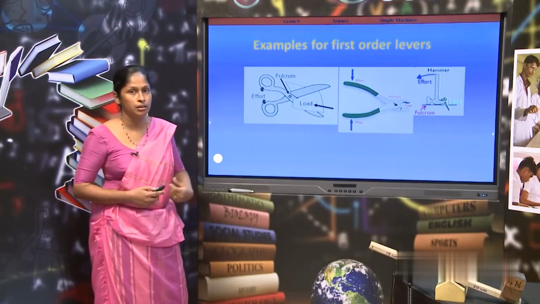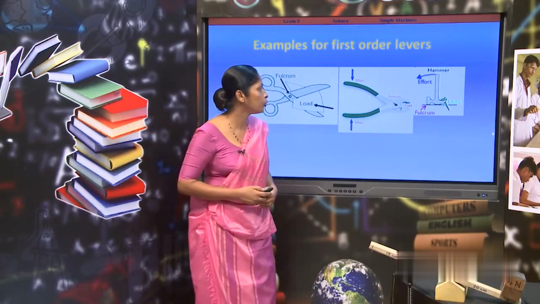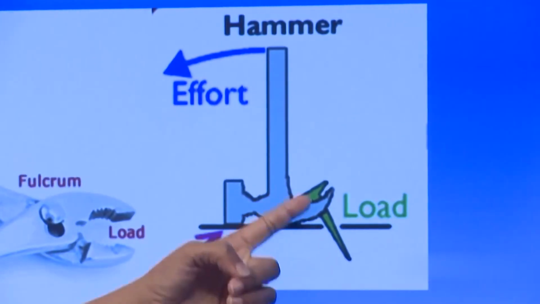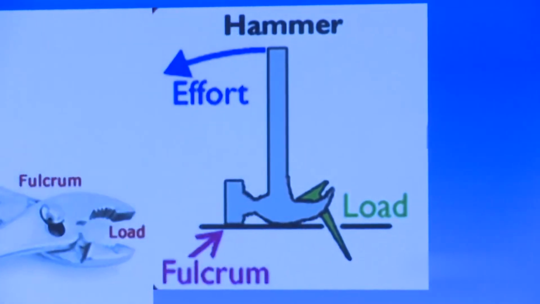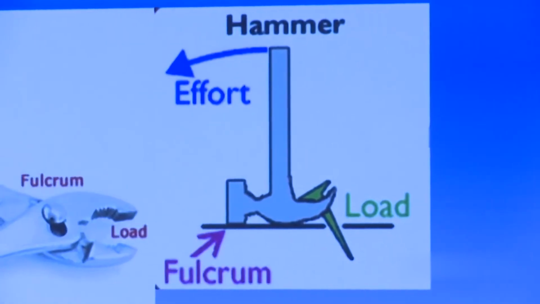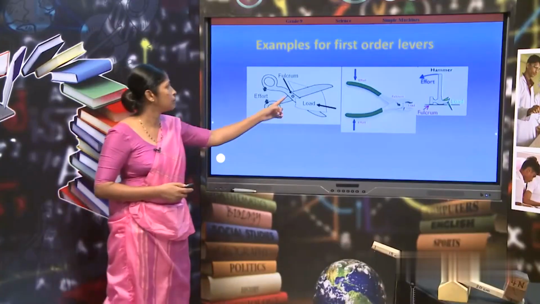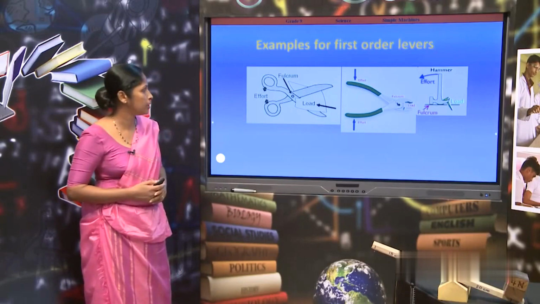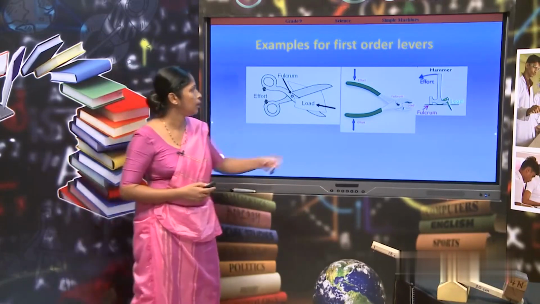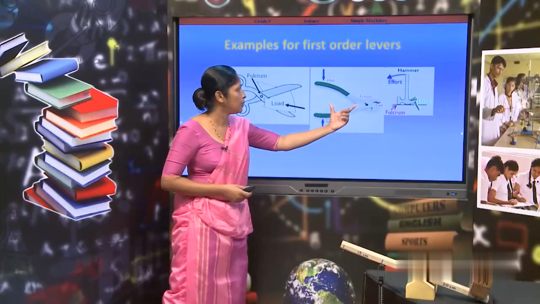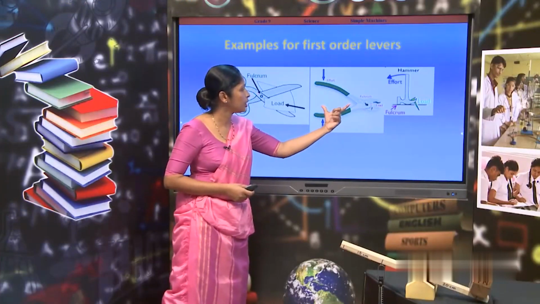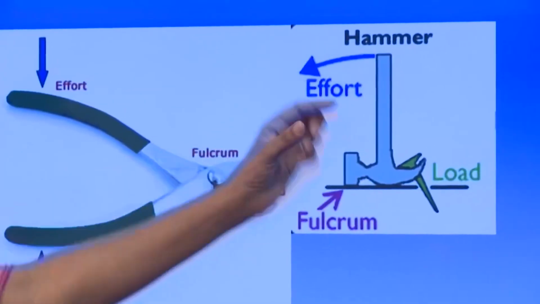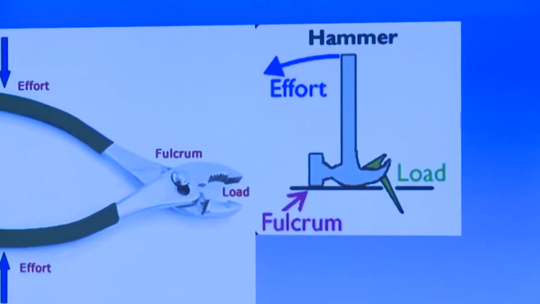And a hammer, removing a nail, here is the fulcrum, load and effort. In all the three simple machines, the fulcrum is in the middle, in between load and effort, and the load arm is less than the effort arm. Here also the effort arm is greater than the load arm.